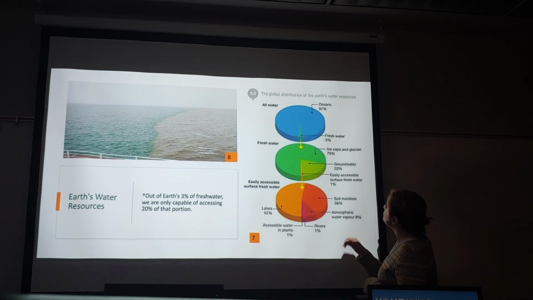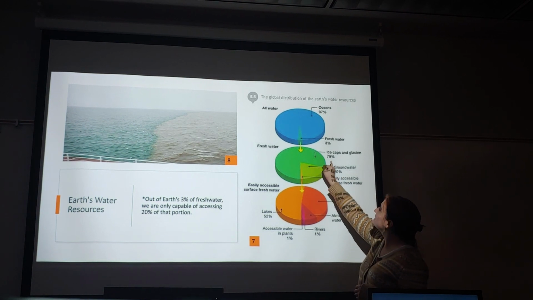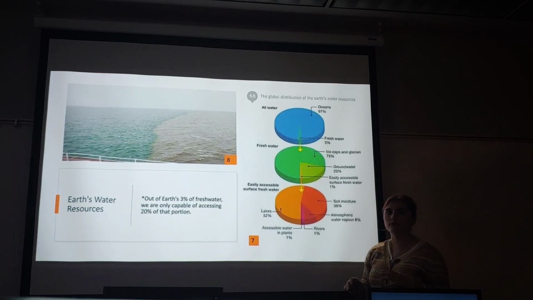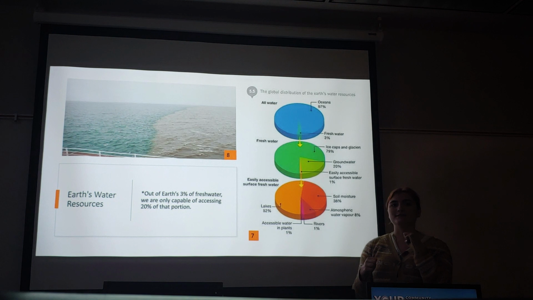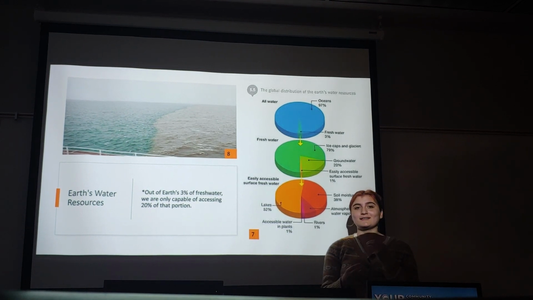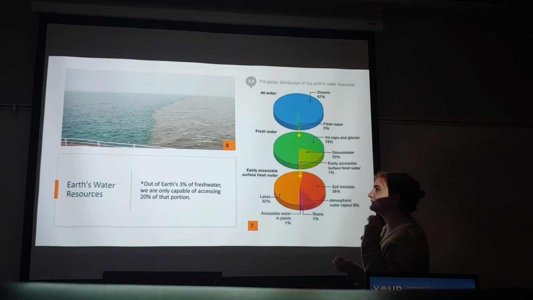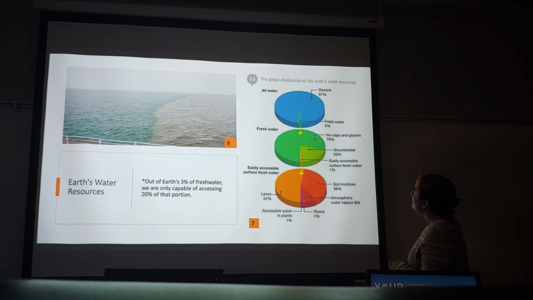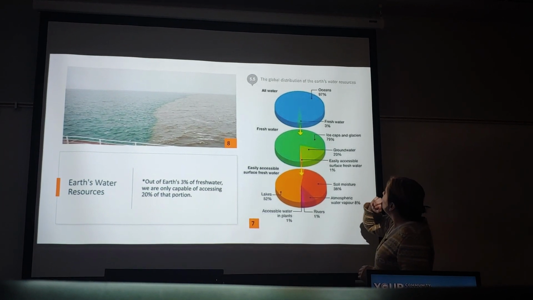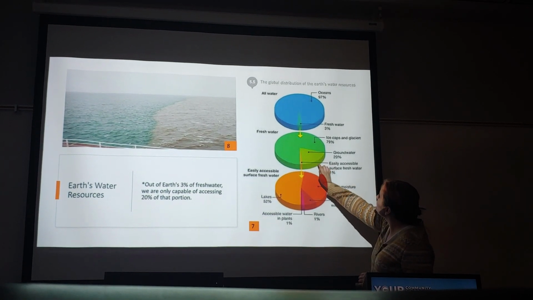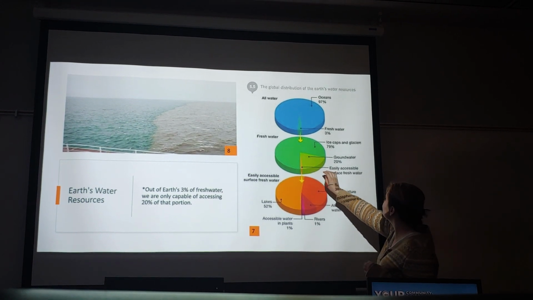So from that 3%, 79% is held in ice caps. And we can't drink ice caps because it's solid. We need liquid. We drink liquid water. So from that, 21% is what we can access.